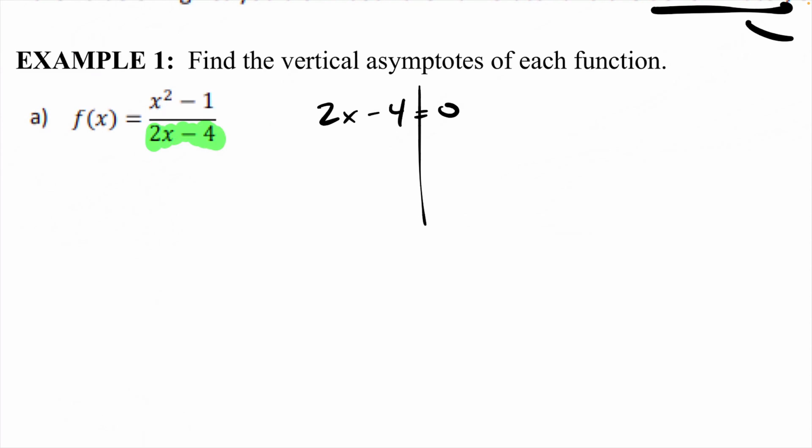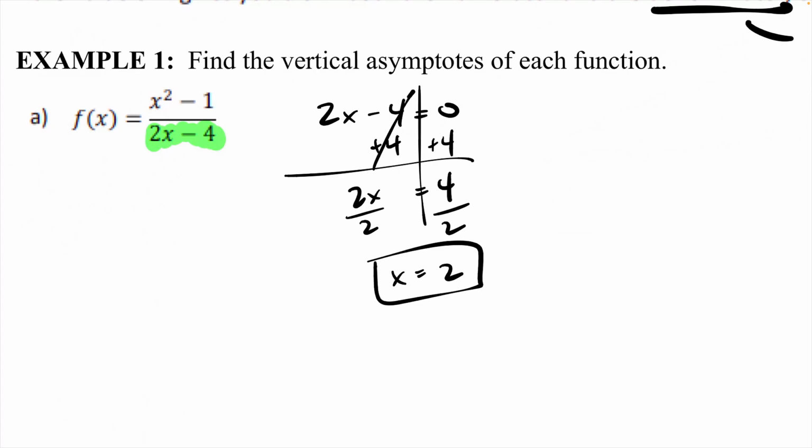Add 4 to both sides, right? And then if you want to get x by itself, divide by 2. x equals 2. So what that tells me is if I plug in 2 to the bottom, I would get 0 on the bottom.